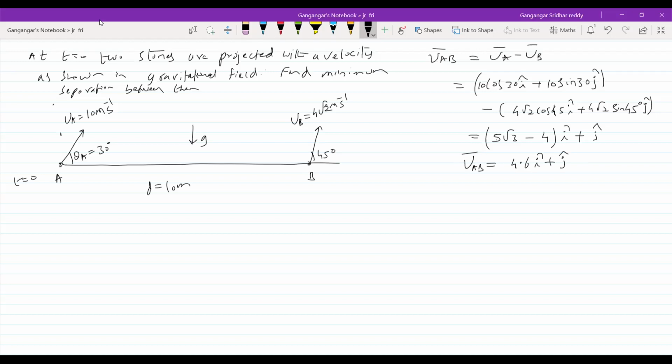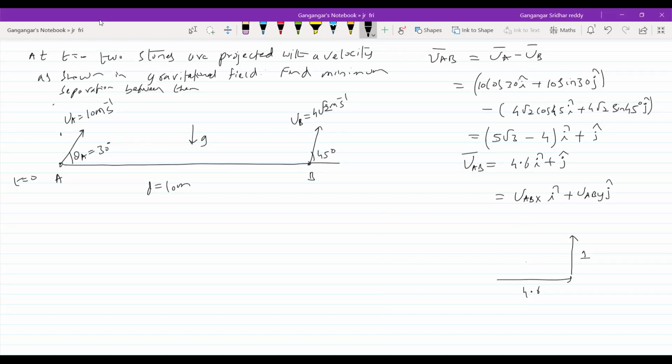Now, this will be the X component of velocity, and this will be the Y component of velocity. The vector triangle: this will be 4.6, this will be 1.